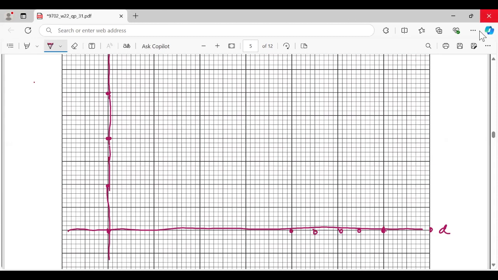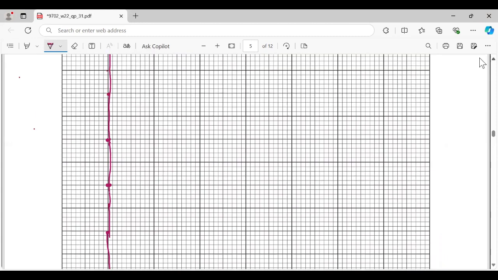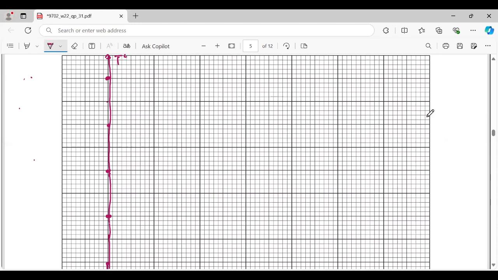If we create the graph, later you can create it yourself. 17 and 0.49 are around here.